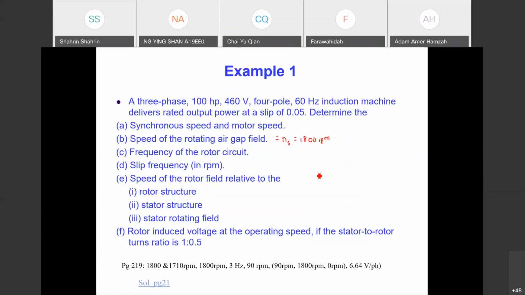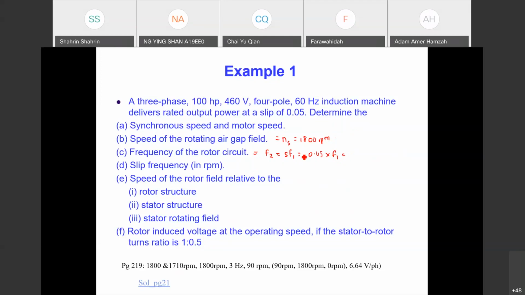And C is the frequency of the rotor circuit. So the frequency of the rotor circuit is equivalent to F2, which is S F1. So S is given 0.05 multiplied with your stator frequency, which is equivalent to the supply. So you will have your value of 0.05 multiplied with 60 hertz. So it is 3 hertz.